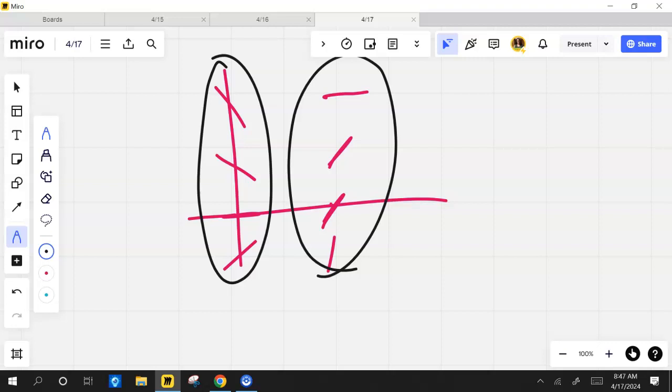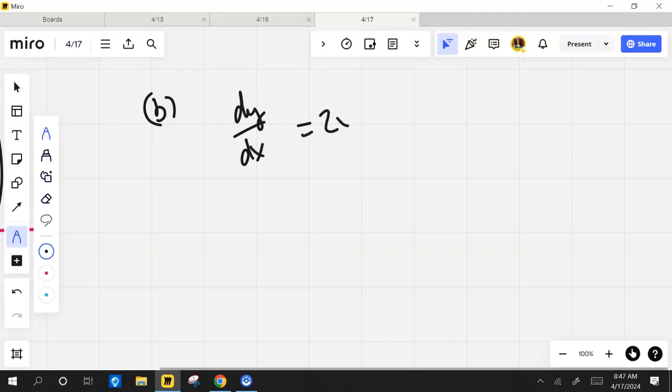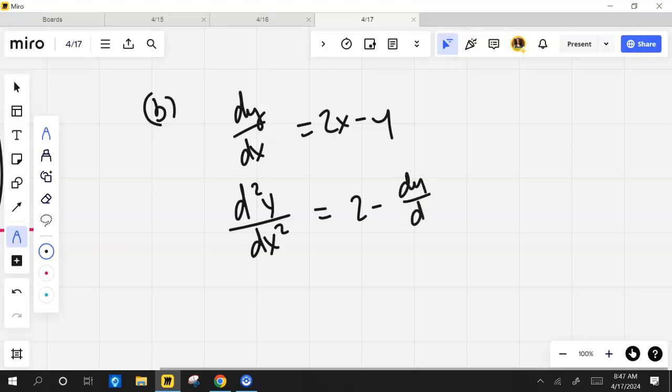Okay. Part B says to find the second derivative in terms of x and y and determine the concavity. So we'll start with the second derivative. We are given the first, and it asks us to find the second. For the second derivative, remember, anytime I take the derivative with respect to x of y, I need to follow with a dy dx.